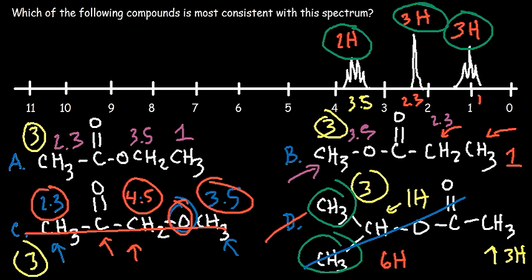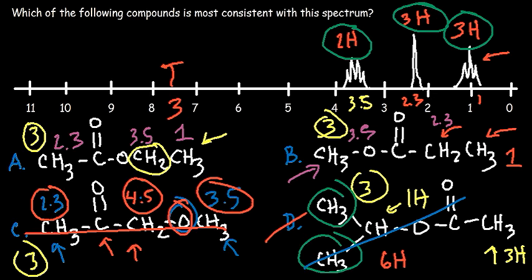So now, to distinguish between A and B, we need to look at the spin-spin splitting pattern. So let's look at A. Starting with the methyl group on the right, it's adjacent to a CH2. So using the n+1 rule, 2 plus 1 is 3. So 3 would correspond to a triplet. So at 1, we do have a triplet, so that is good.